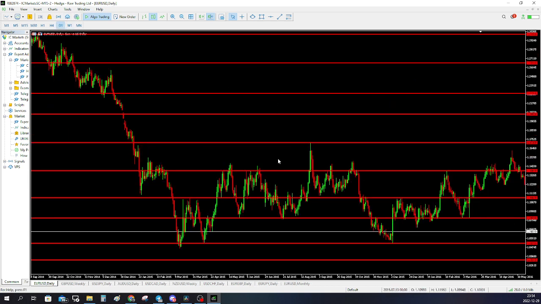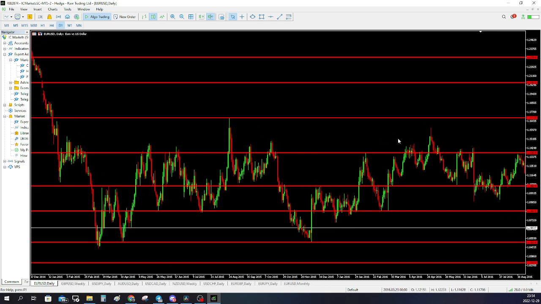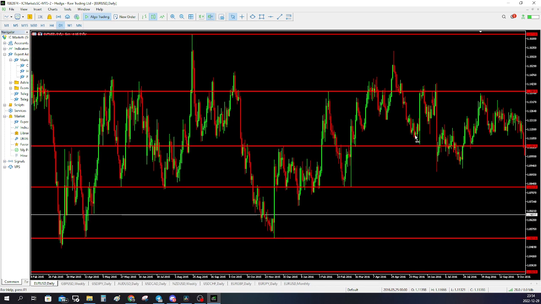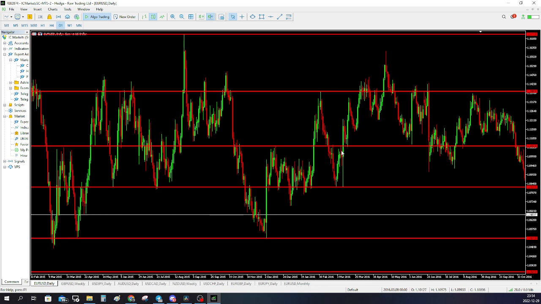I trade this system based on the daily time frame, so if we break an area like this one could expect that after such a move it will go back and retest, but that doesn't always happen. So it isn't a sure thing.